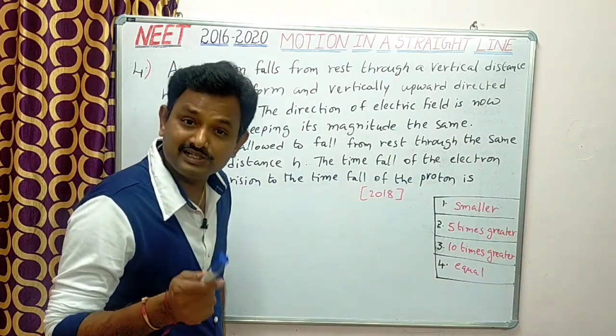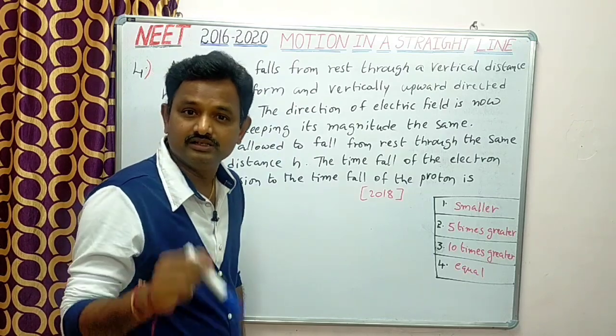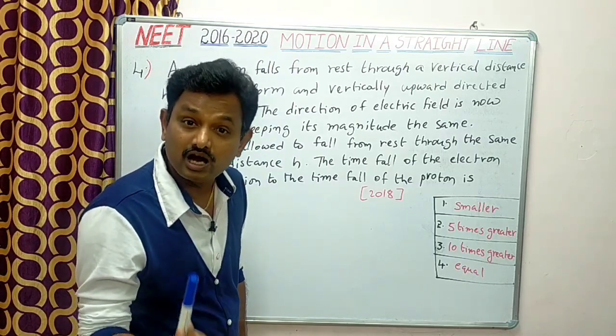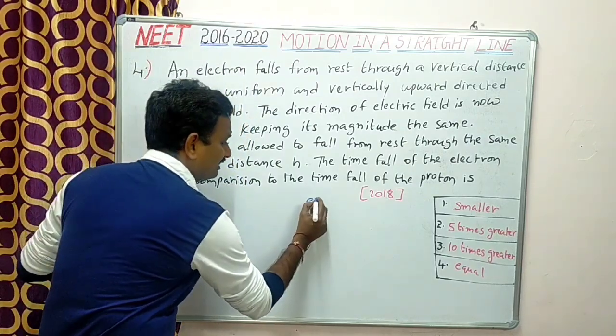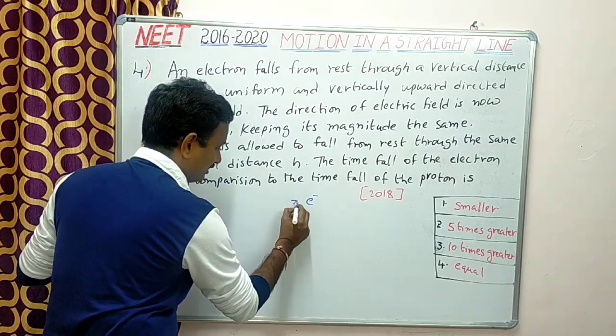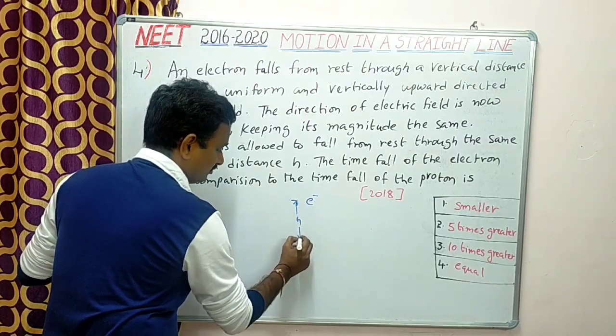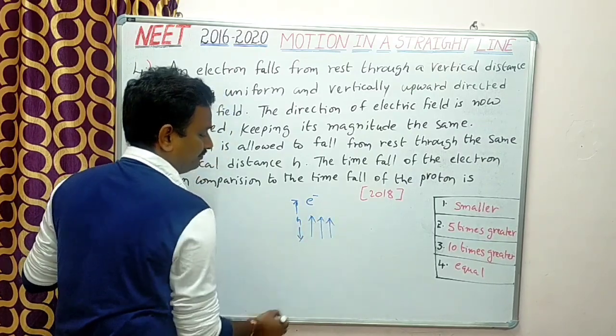Here, the electron is falling from rest at a height h in the vertically upward electric field. Look at here, the electron is falling a certain height h, okay, from rest in the vertically upward electric field, okay.